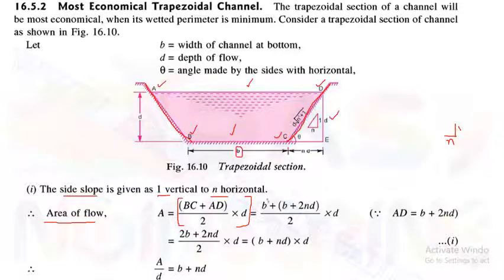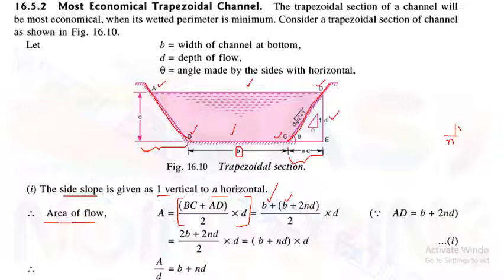Then AD is equal to the sum of B and these two portions. So let's find out the length of that portion. Here we know that for 1 vertical, n horizontal.